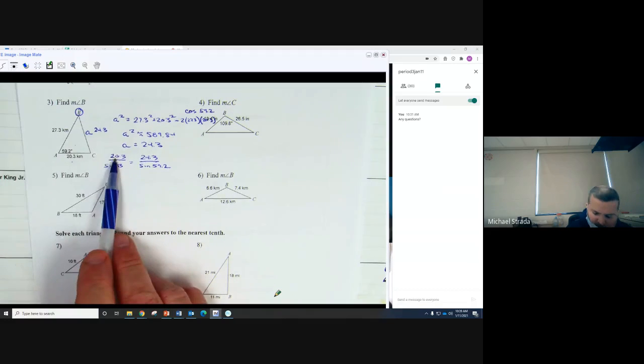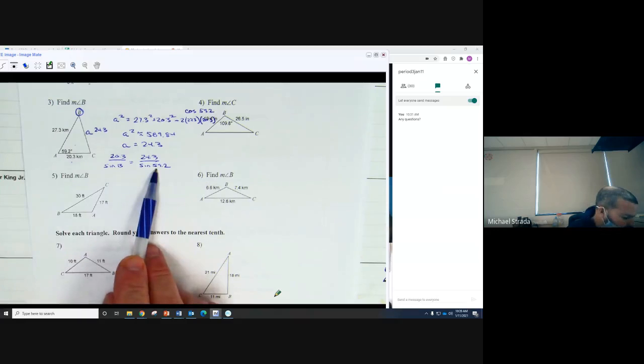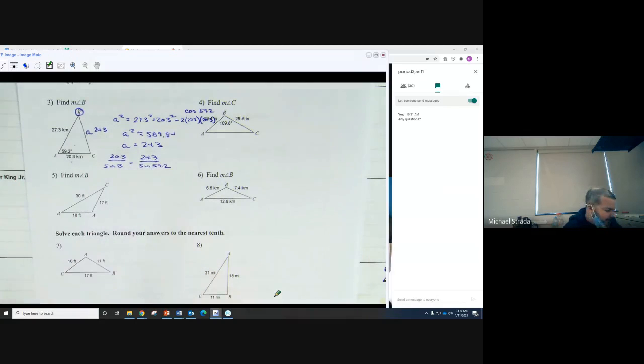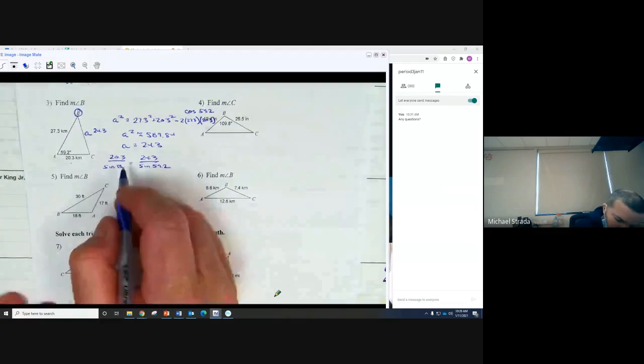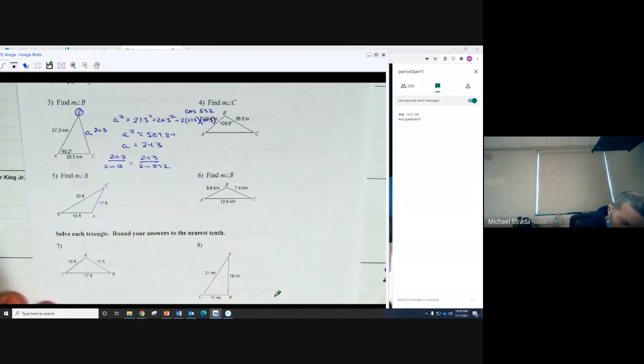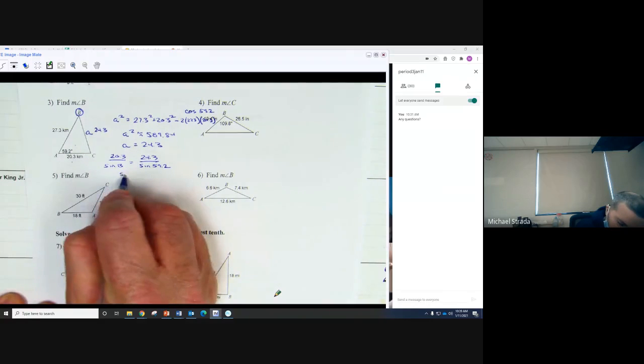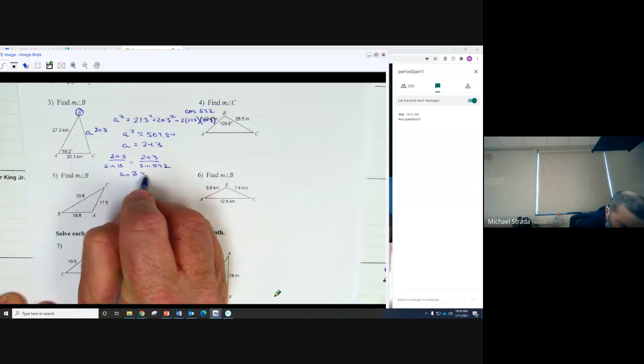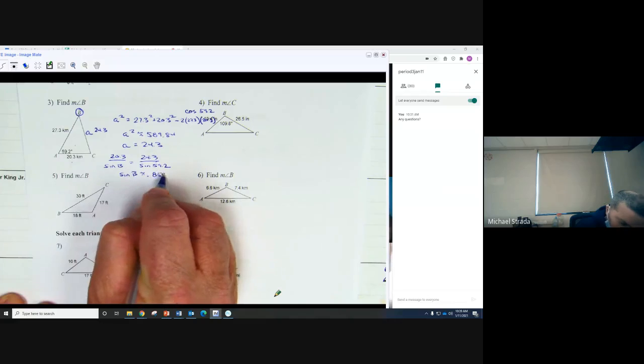Cross multiply: 20.3 times the sine of 59.2, divide that by 24.3. Sine of B comes out to be approximately 0.8590.